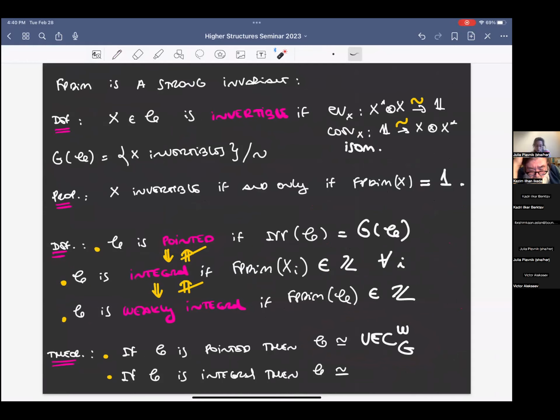Now, for integral, we also have a nice result by Etingof, Nikshych, and Ostrik. This is a more classical result of Heidelberg, Mac Lane, probably. But for integral, we also understand, not like we really, but at least we know how they look.